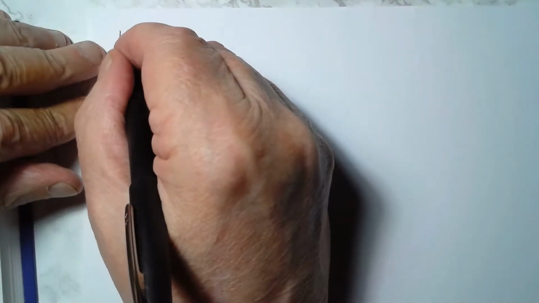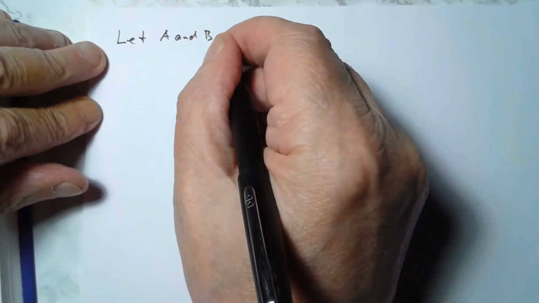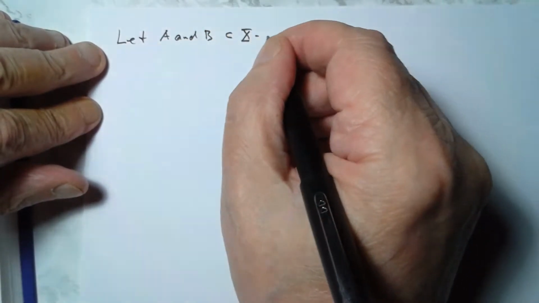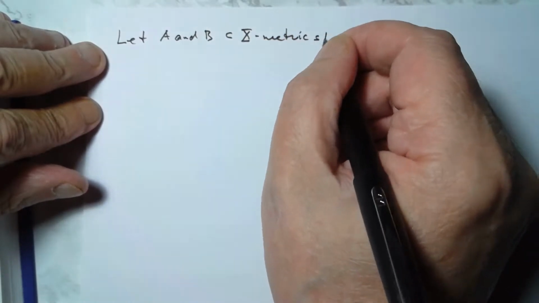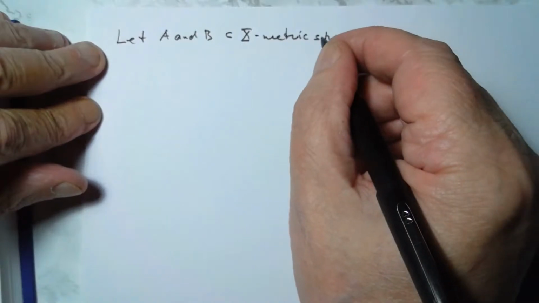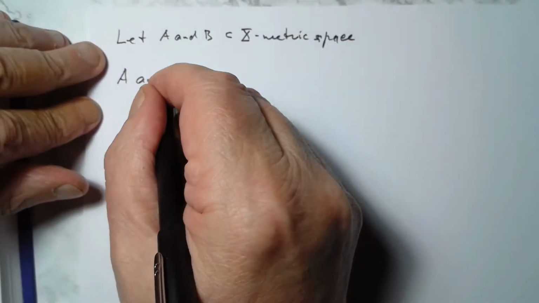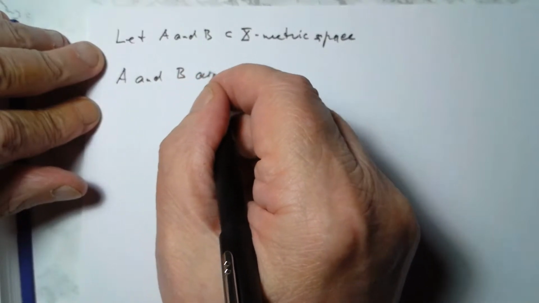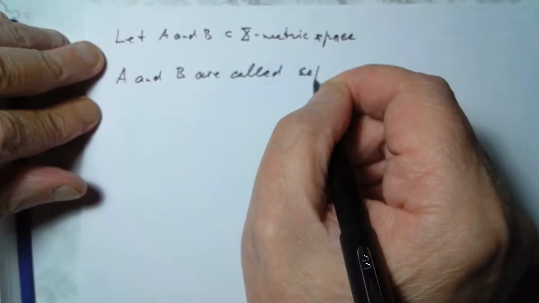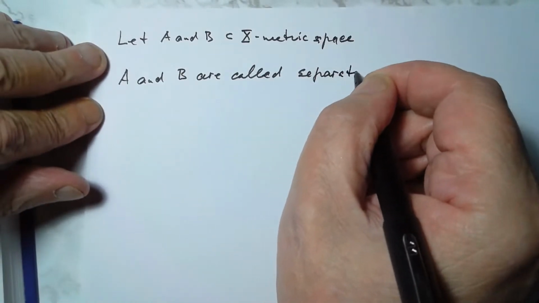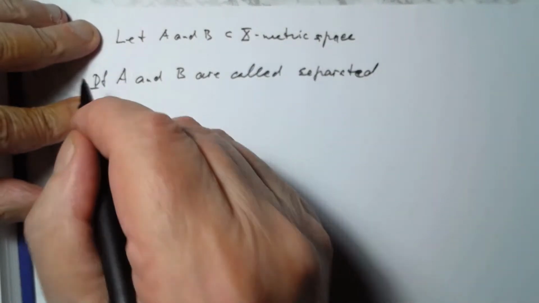Let A and B be subsets of a metric space X. So X here is a metric space. A and B are called separated, and this is a definition of separated sets.